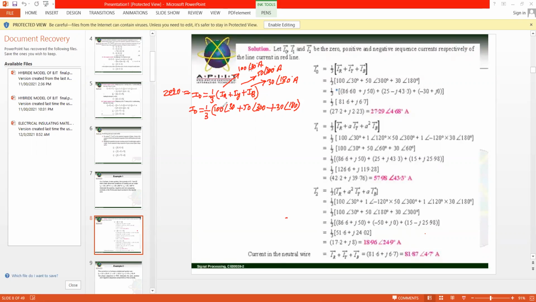Okay, so these are the IR value, next these are the IY value, and these are the IB value. So convert this polar form into rectangular form.